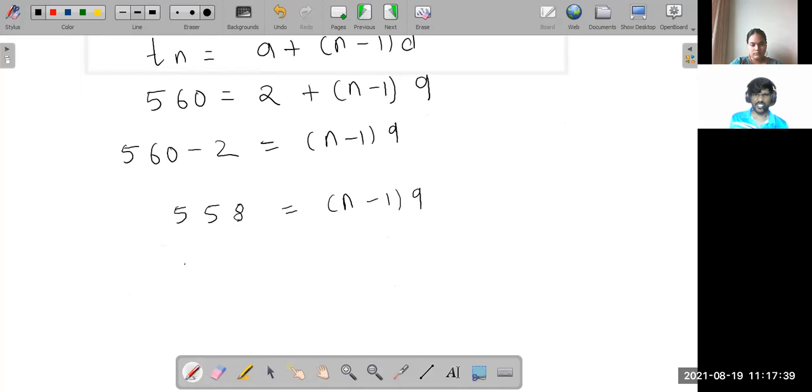Keep 558 as it is. Here multiply 9 with n minus 1: 9n minus 9. Correct? Now take minus 9 on the other side, it will become plus 9.